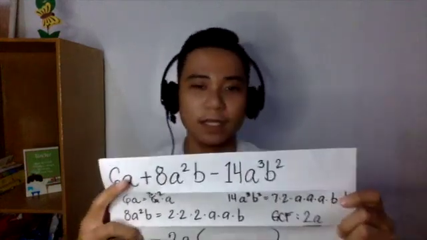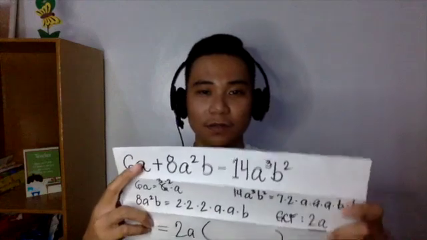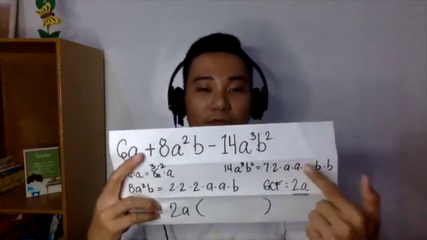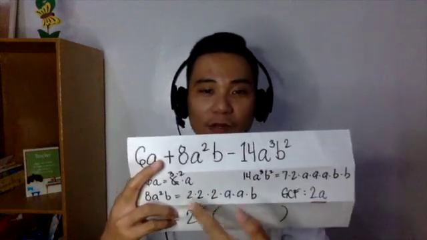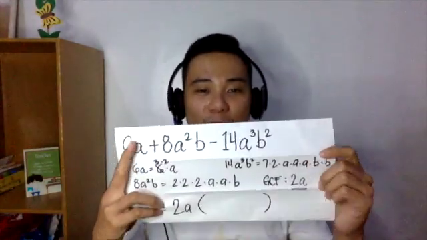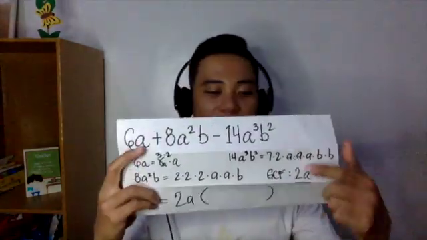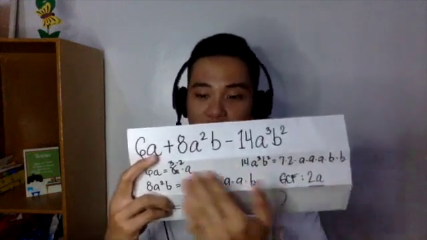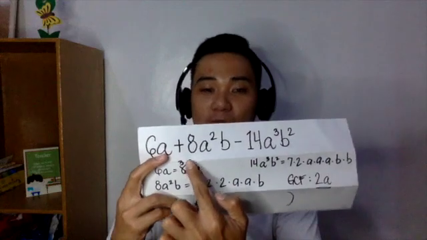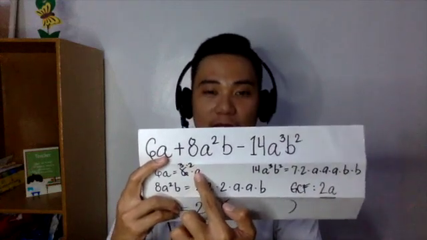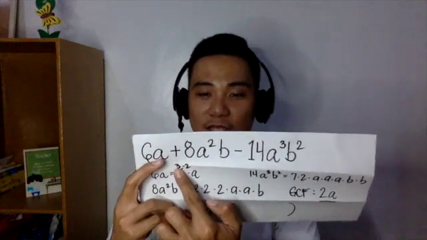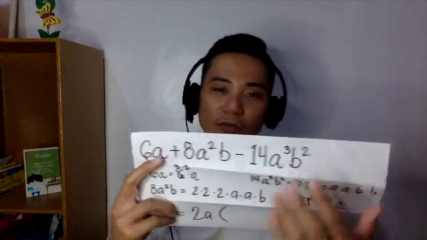First method: given the prime factorization of the three terms, you can easily remove the GCF from each. For this one, remove the 2, remove the a, the remaining factor is 3. So the 3 is part of the second factor.